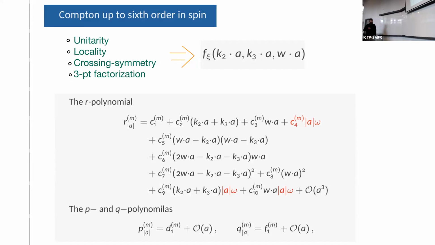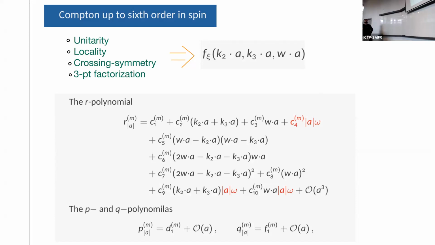For writing that answer, we use some physical constraints like neutrality, locality, crossing symmetry, and factorization. That gives you enough constraints to write this function as an expansion of polynomials. Here I'm showing the explicit form of this polynomial at sixth order in spin.